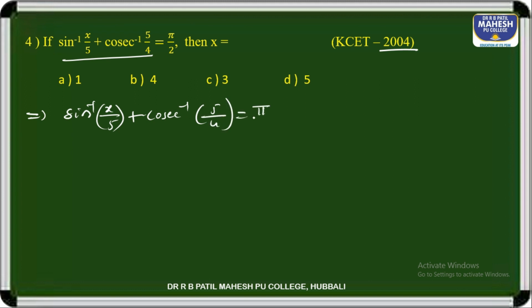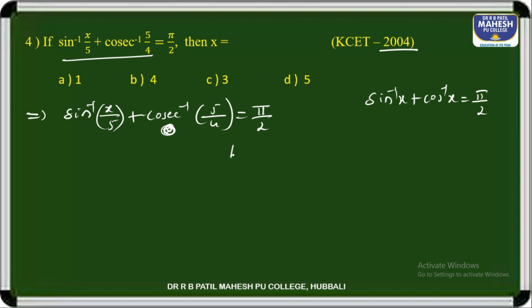Dear students, if you see it properly, somewhere we feel sine inverse x plus, if we have cos inverse here, then it is going to be a standard property. What is that? Sin inverse x plus cos inverse x is equal to pi by 2. But the thing is, here cosec inverse 5 by 4 is there. Means we can convert cosec inverse into cos inverse. How to convert?